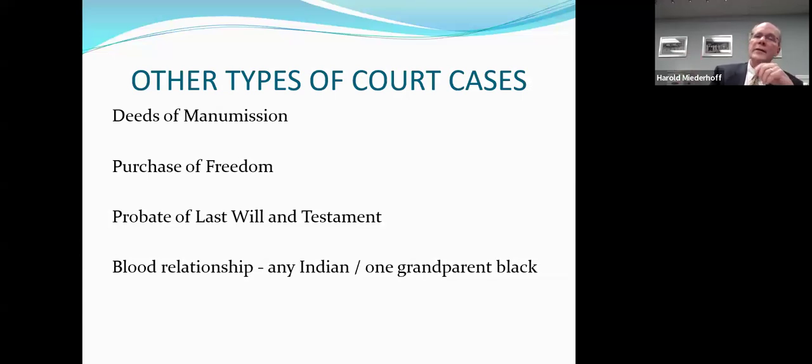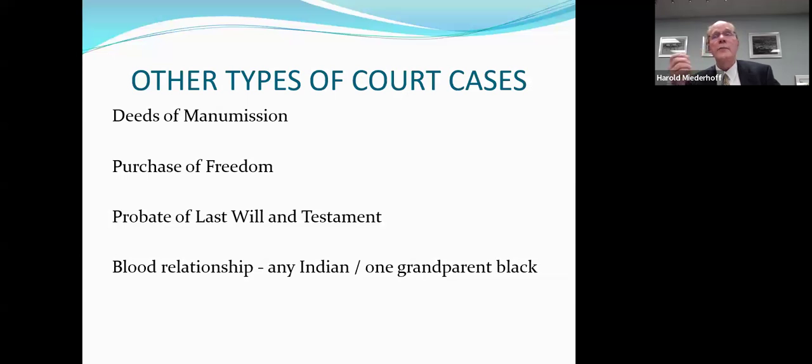But a lot of times those cases, where the slave had a deed of manumission, were contested. Either the family maybe would say that the document is a forgery, or dad didn't know what he's doing when he's signing that piece of paper. So there are some court cases about whether this deed of manumission, this freedom document, was really a valid document.